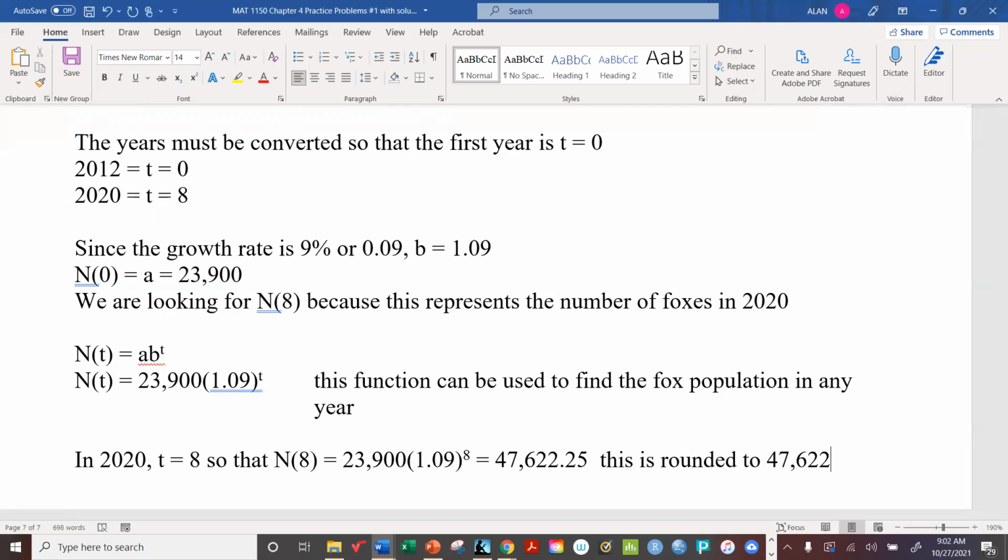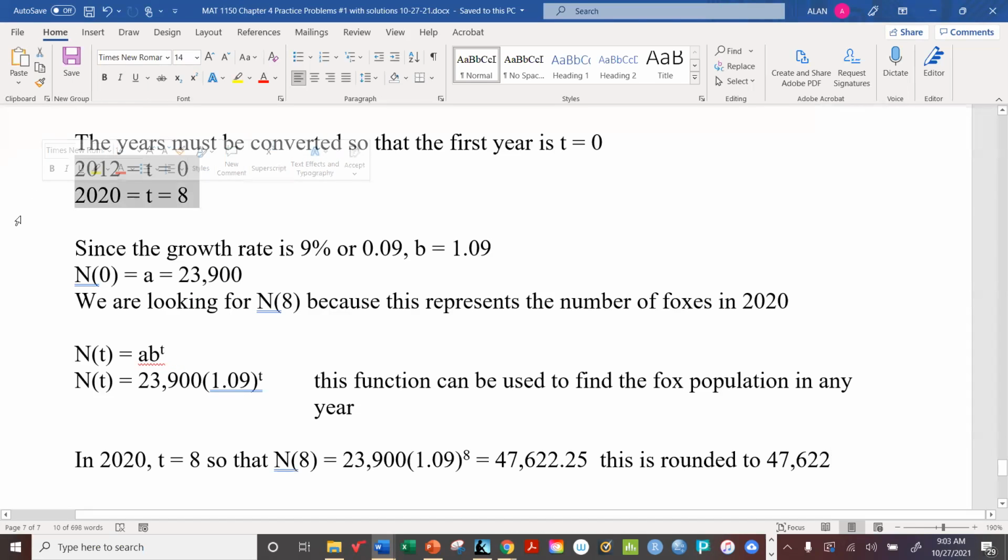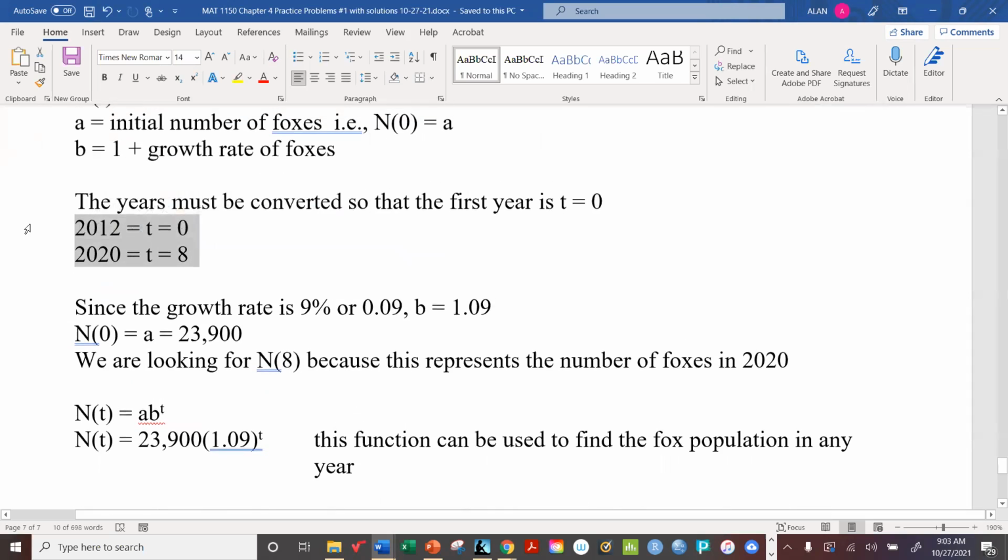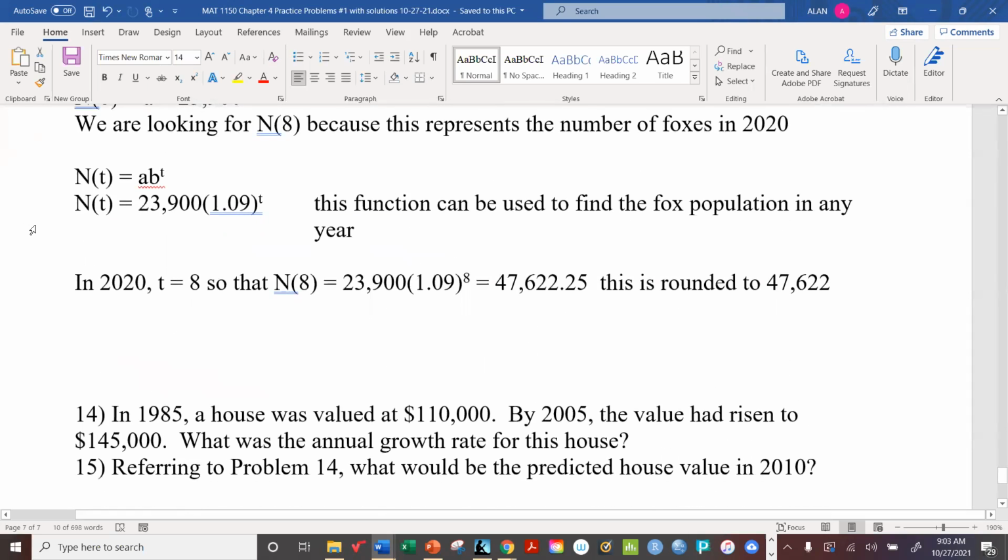In other words, in this case, you do not want a fractional part because you can't have a fraction of a fox, obviously. Very good. All right. So these are pretty straightforward too, as long as you remember about this part with the time. That's a very important detail.